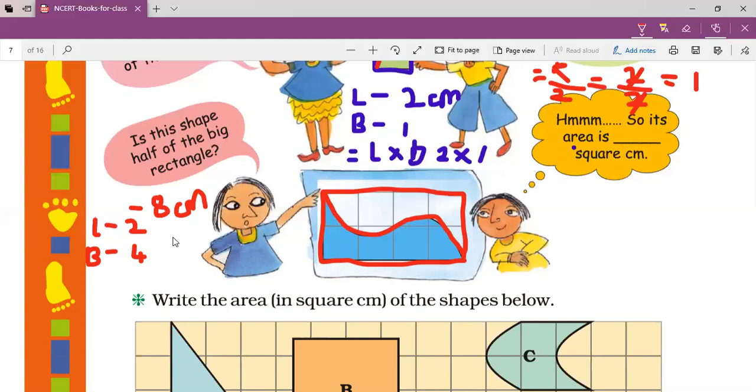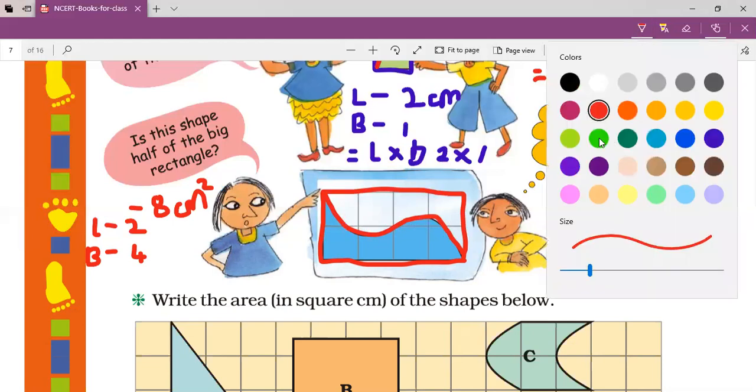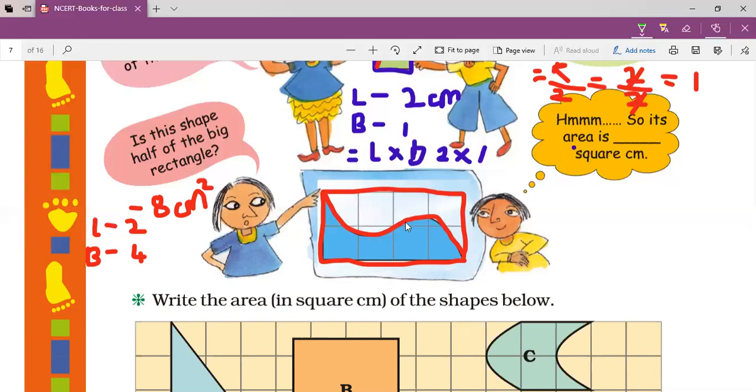Okay, so the area of the rectangle is 8. The area of this rectangle is 8 square centimeters. Now, if you observe this, if we place this area over here, and this part over here, will it become half of that rectangle?